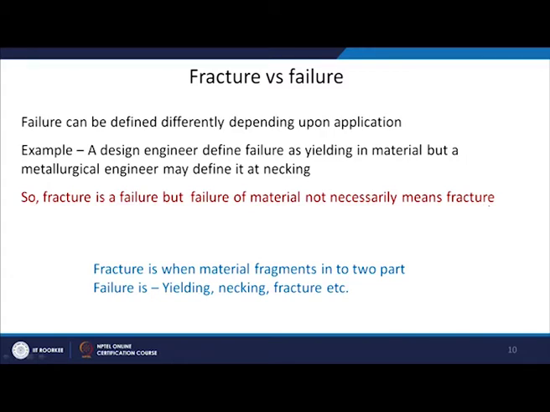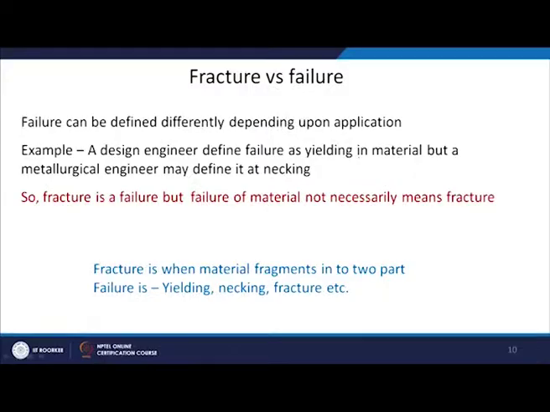For example, a design engineer defines failure as yielding, because a design engineer always likes to design his structure within the elastic limit. In fact, there also he takes a lot of factor of safety. So, much below the yield point he will design such that the stress in the structure remains much below the yield point.